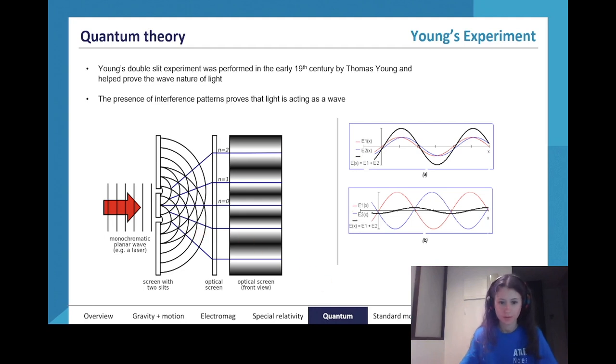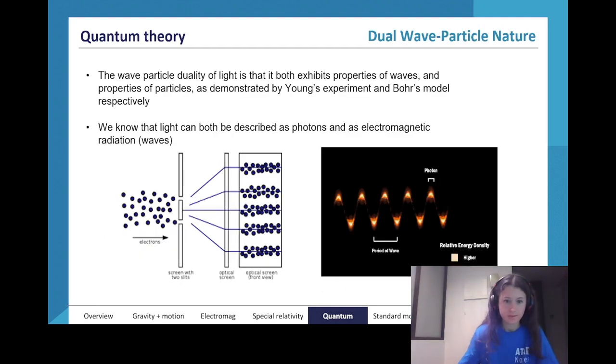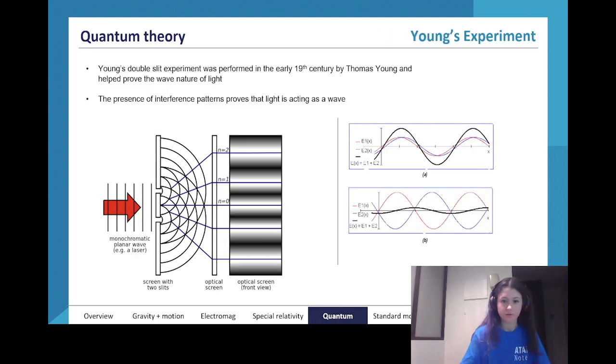I'll draw more of a diagram because it'll be more helpful to show what he saw.